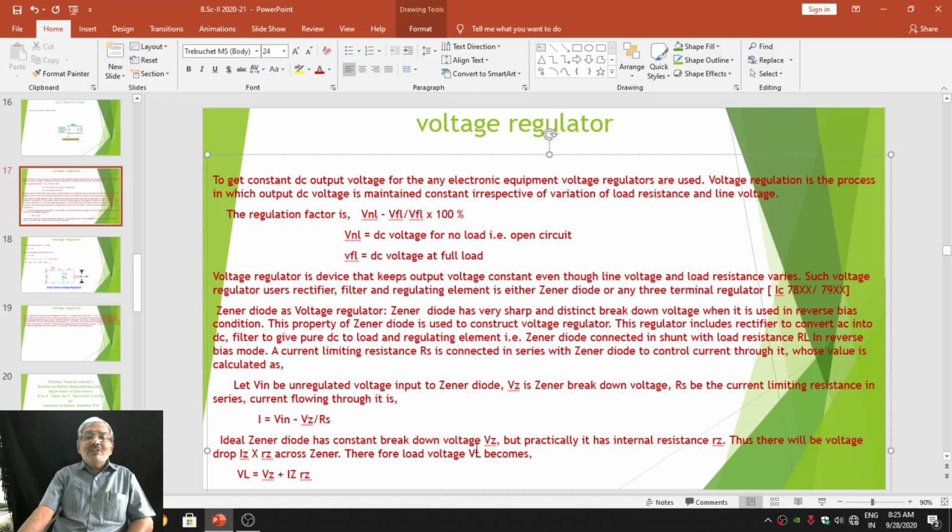Therefore, the load voltage VL equals Vz plus IZ into RZ. What we expect is VL equal to Vz, but in practice, due to its internal resistance Rz, some drop occurs across Rz, that is IZ Rz, and hence VL equals Vz plus IZ into RZ.